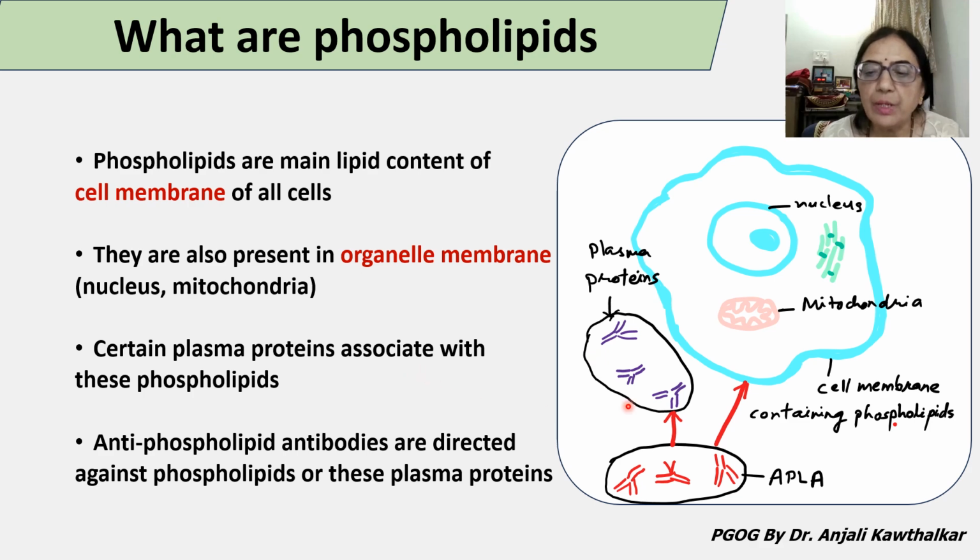Associate means there is no chemical reaction, but they do get attached to these phospholipids. Antiphospholipid antibodies are directed against phospholipids which are present over the cell membrane, nucleus or mitochondria, as well as against these plasma proteins which are getting associated with these phospholipids.